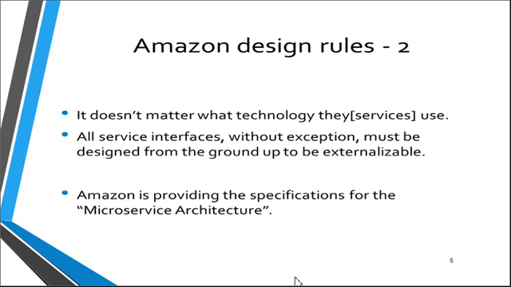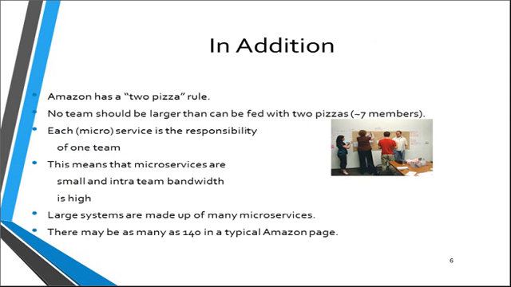And service interfaces must be designed to be externalizable. Most of them are not, but the potential is there. And this is the specification for what later became the microservice architecture. Amazon didn't call it the microservice architecture; they called it SOA done right. But later the term microservice architecture came in.